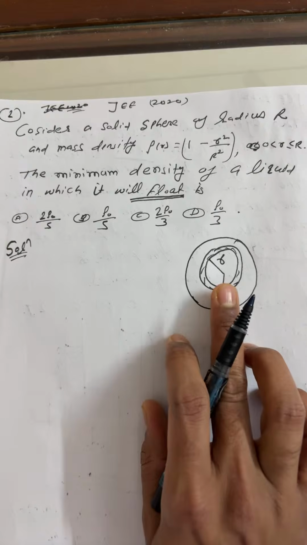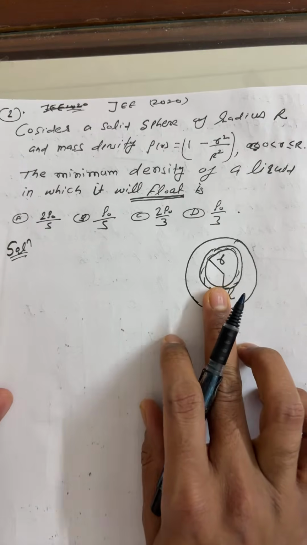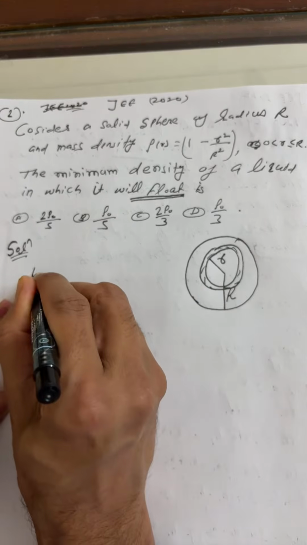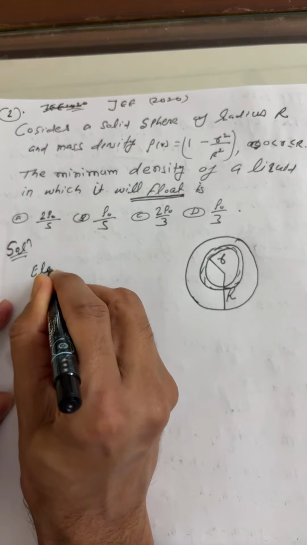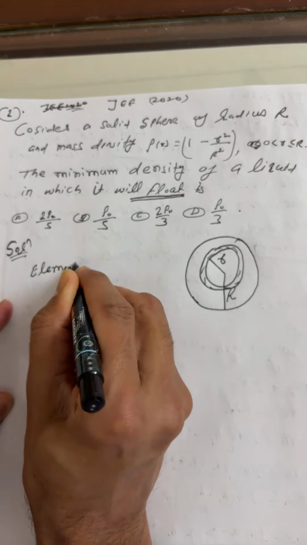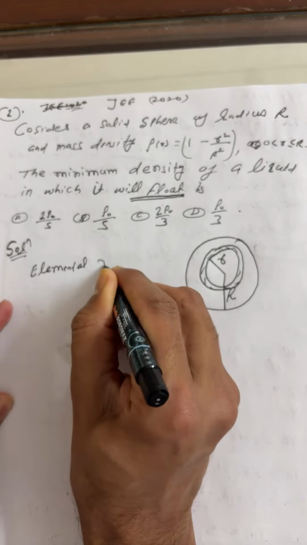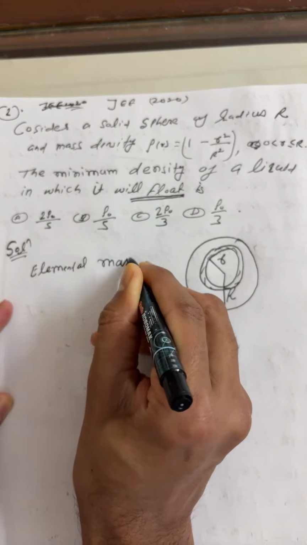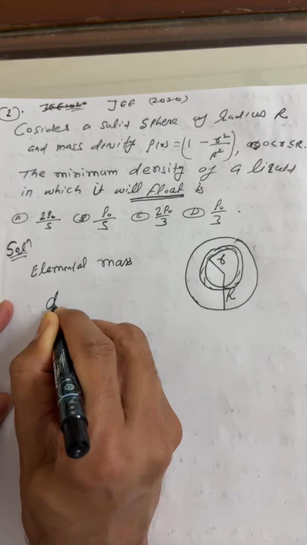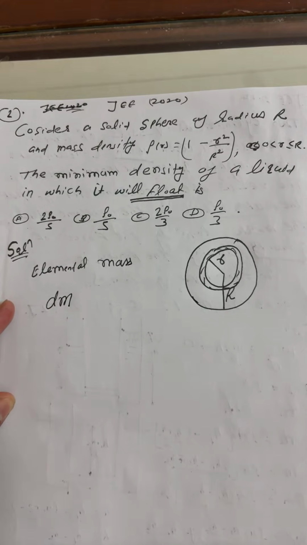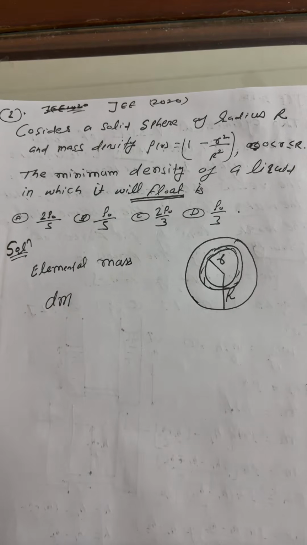So beta, first you can write what is the elemental mass. Elemental mass, which is nothing but dm.